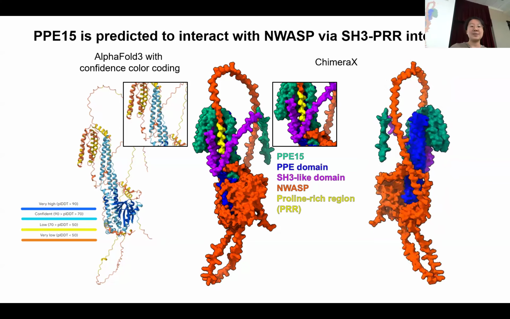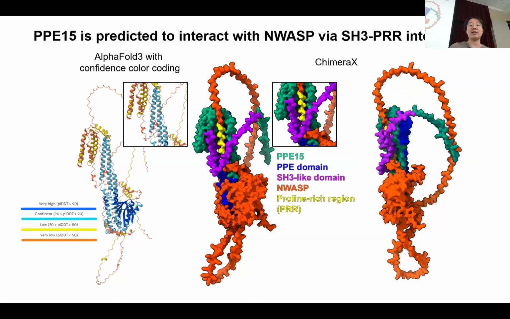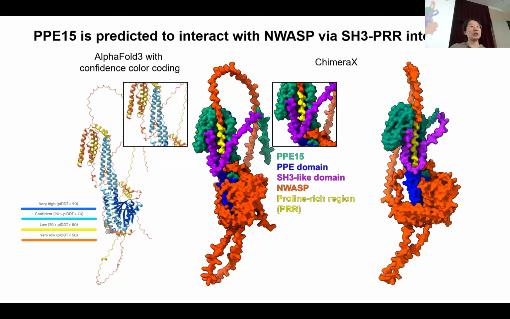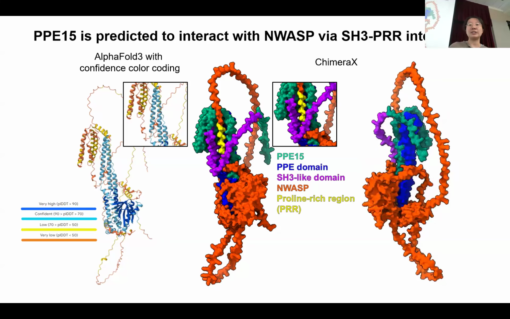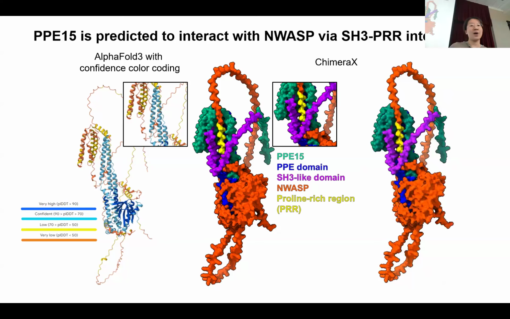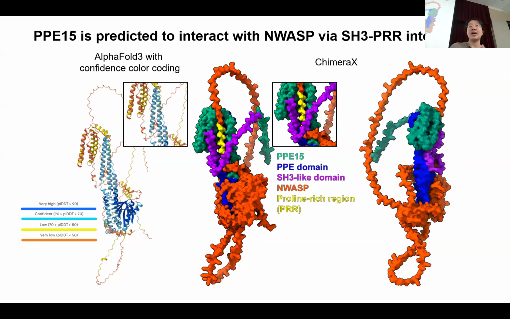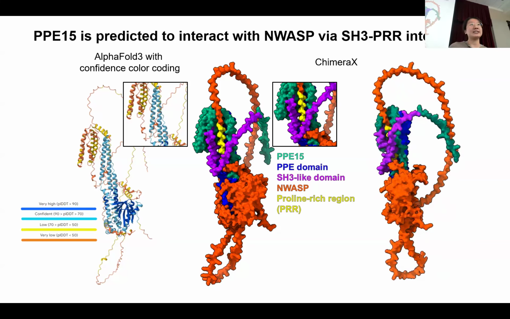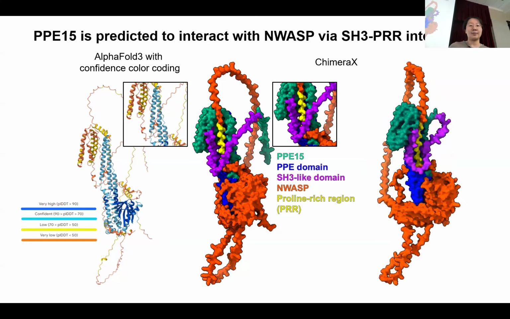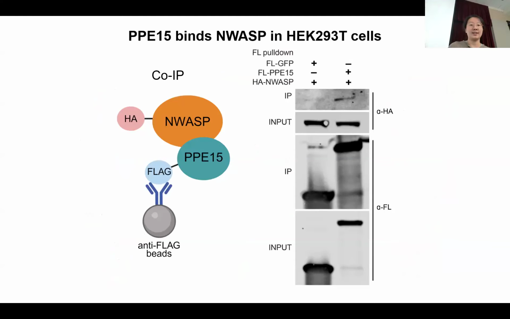And interestingly, we see PPE15's disordered tail seemingly wrapped around NWASP's looped structure. When I used ChimeraX to identify the protein sequences of these regions, I found that PPE15's predicted SH3-like domain and NWASP's proline-rich region exist in very close proximity, which we found really interesting.